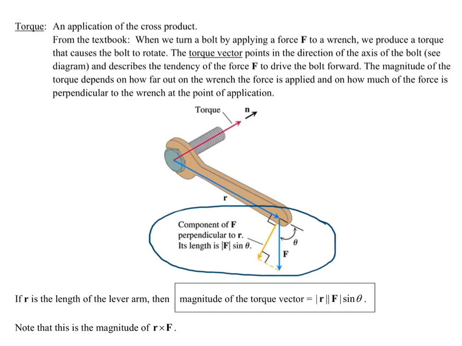So what happens is we want the length of R times the magnitude of the force that's perpendicular to R, which is magnitude of force times sine theta. So if R is the length of the lever arm, then magnitude of the torque vector is magnitude of R times magnitude of force times sine theta, where theta is the angle that your force makes with the wrench.